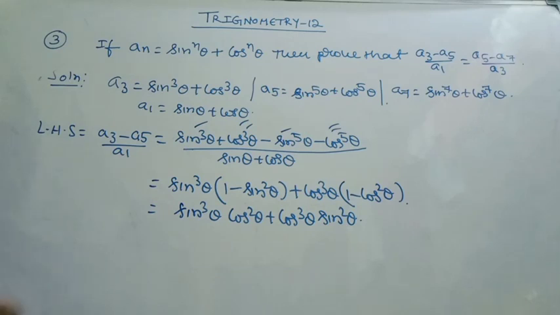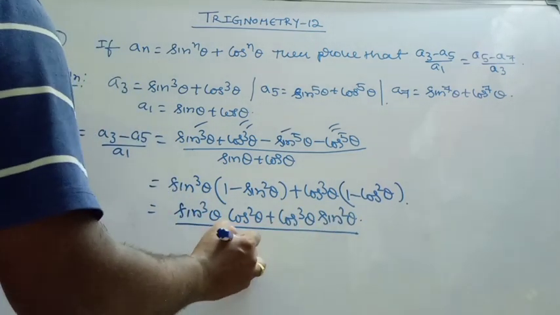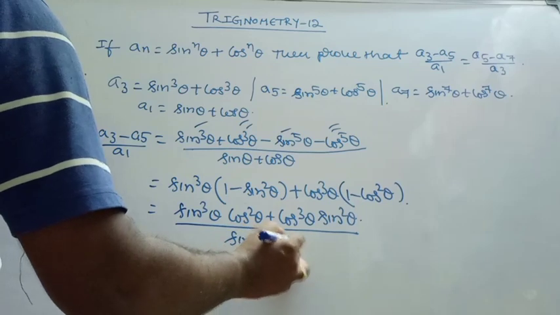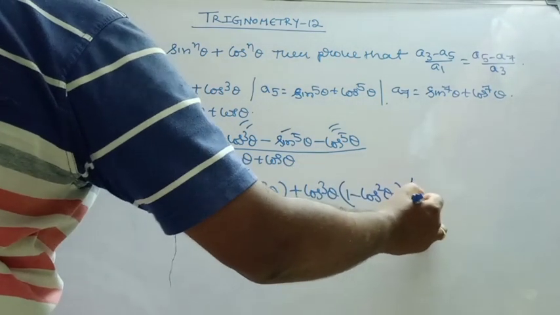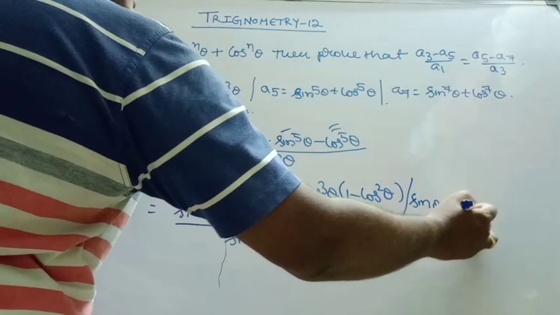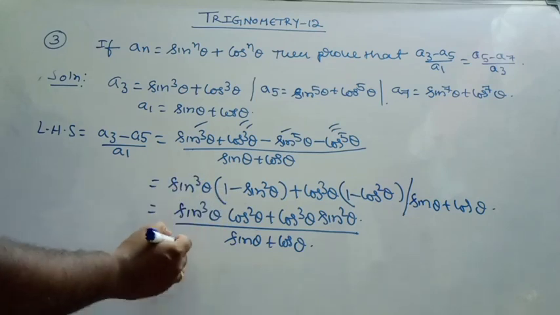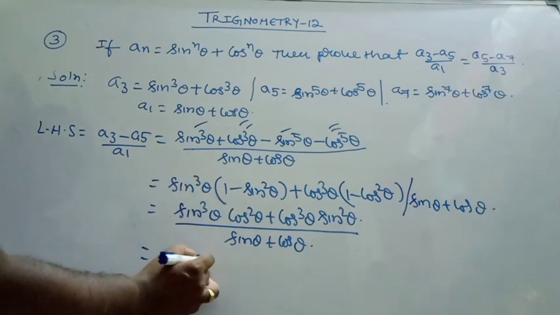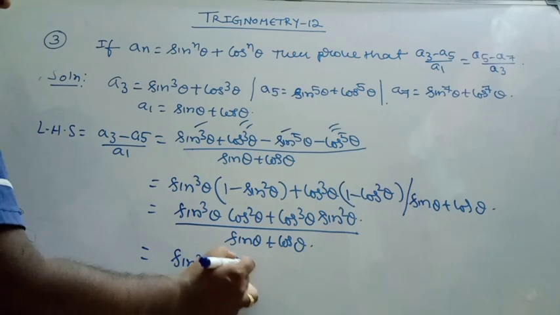This whole thing is divided by sin theta plus cos theta. Now from this you can observe that we can take sin square theta cos square theta common.